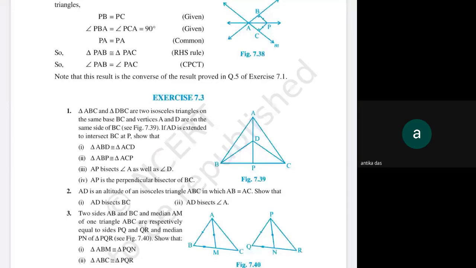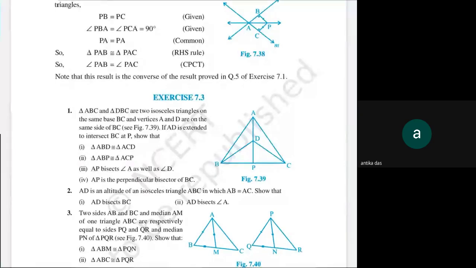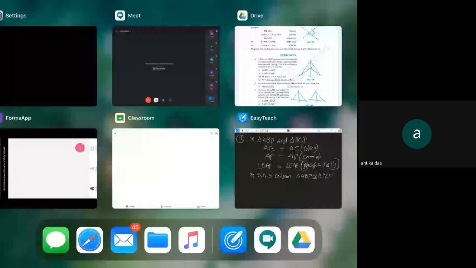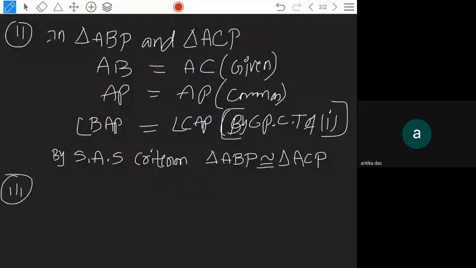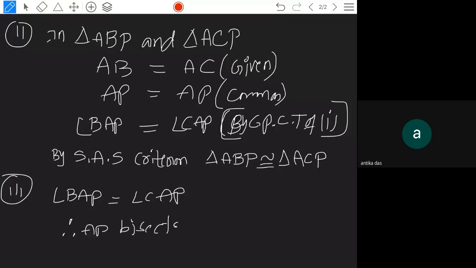Angle BAP is equal to angle CAP. From that you can say that by the CPCT, angle BAP is equal to angle CAP. So therefore you can say that AP bisects angle A. Okay?